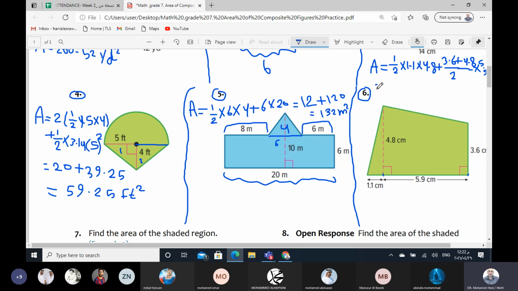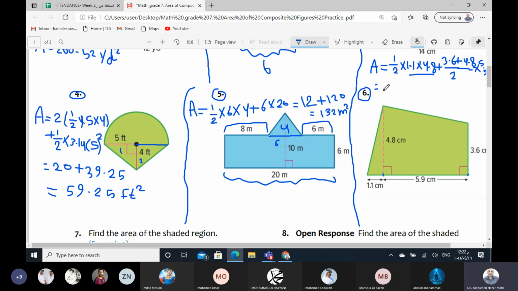Now we can calculate. Here we have 1.1 times 4.8 will be 5.28 divided by 2.